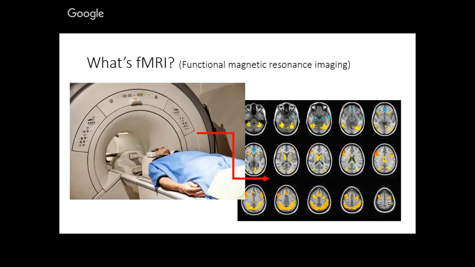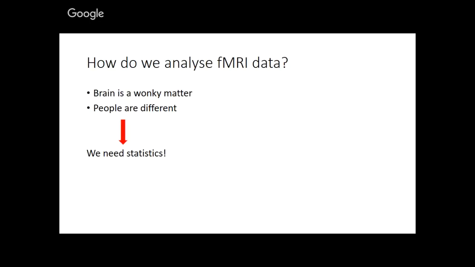Analyzing the data that comes from this is a very hard task because, first of all, the brain is not a very stable, not easily understandable system. Sometimes we have random thoughts. Sometimes we have unconscious activities in our brain.